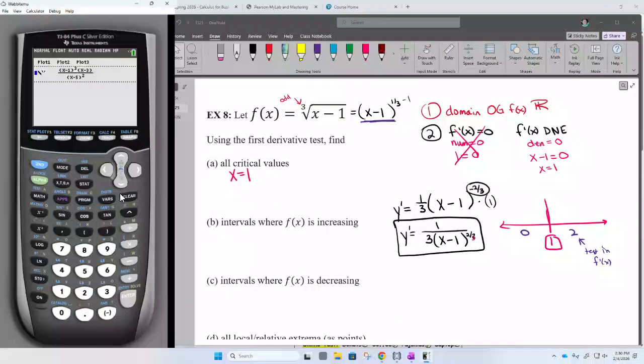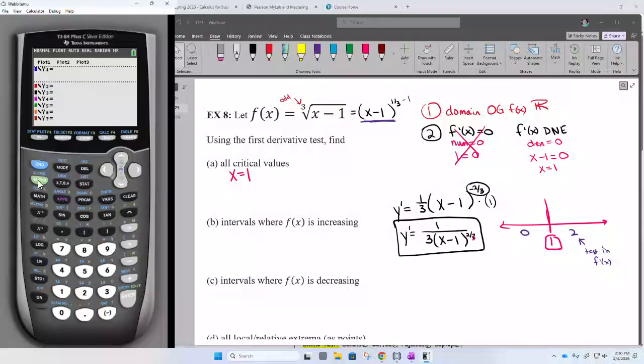So I'm going to go to y equals, and I'll type in, you could do parentheses to the 1/3, or you could go to math, and the fourth one down is the cube root. Oh wait, I'm typing it into the derivative. Focus. The derivative's down here.